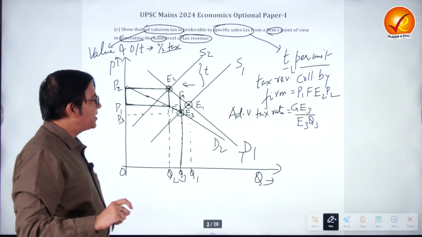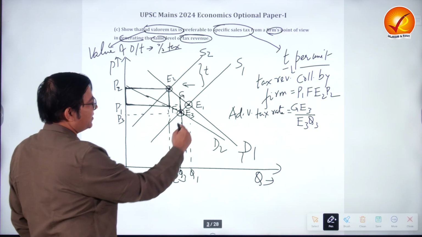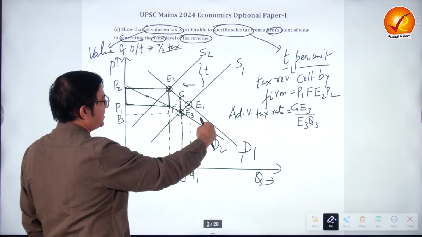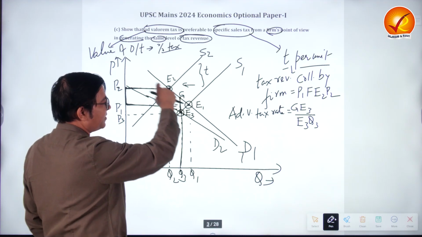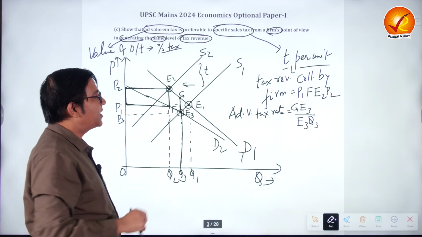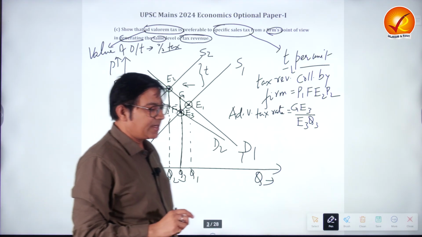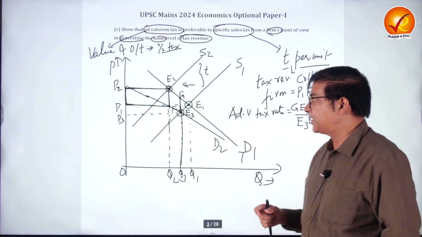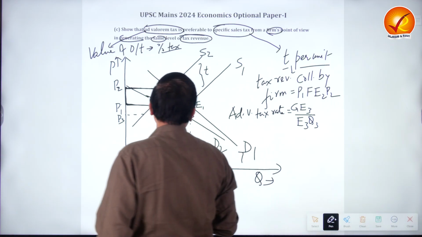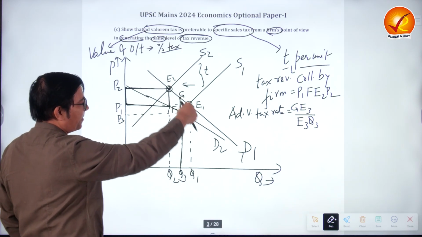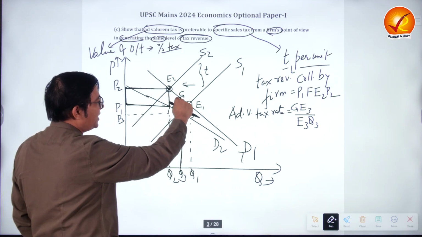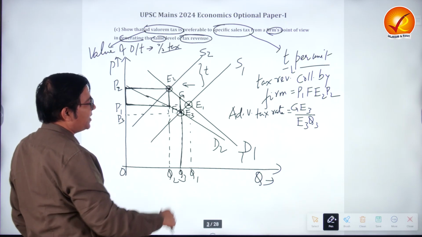Now, what is to be noticed here is that this swivel is happening in a manner that the percentage tax rate should be the same. Whenever there is an ad valorem tax rate, the percentage is not changing. What does it mean? It means that you can take any point on D1 and draw a line vertically down.